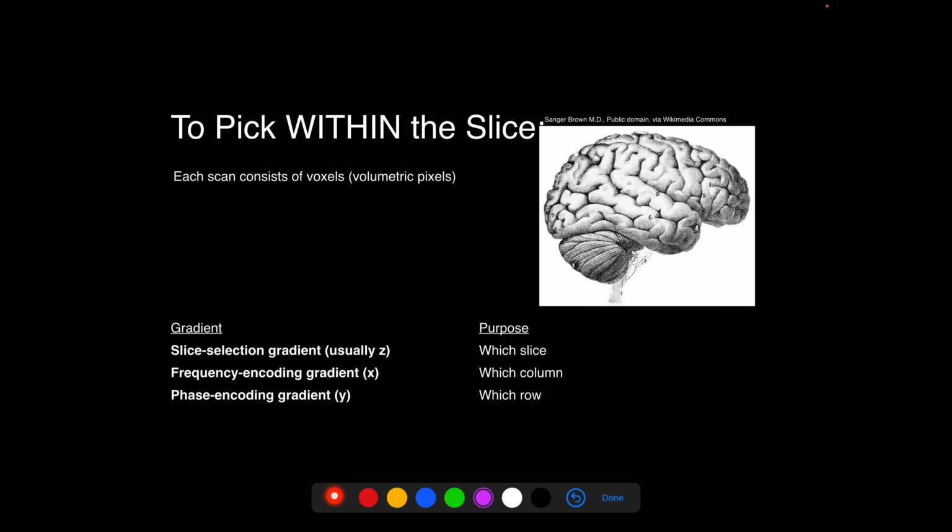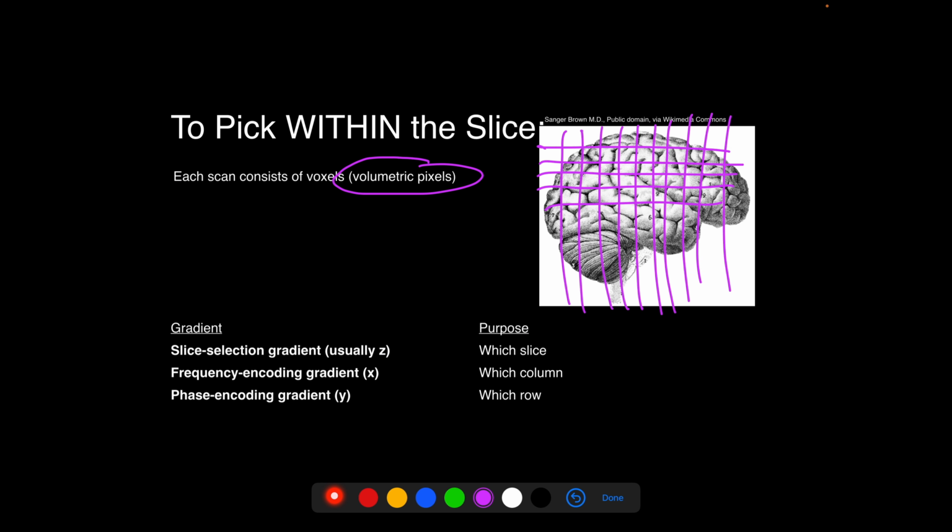So now to pick within the slice that we've selected. Within each slice that we get, the image is made up of lots of tiny 3D blocks called voxels, which is short for volumetric pixels. Something like this, vertically and horizontally like that.